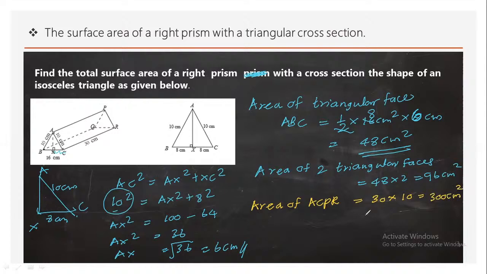Next one, area of ABPQ is also 10 into 30, 300.